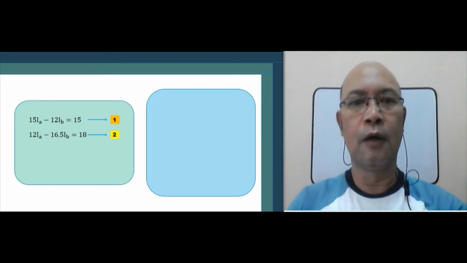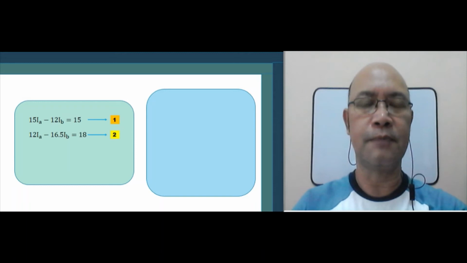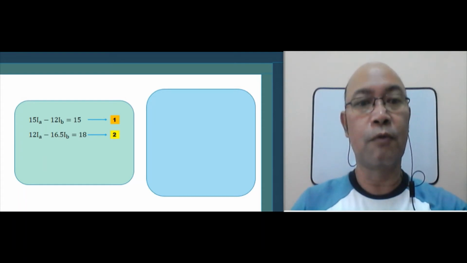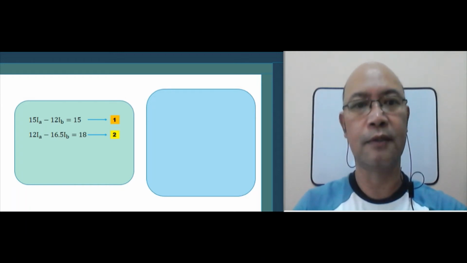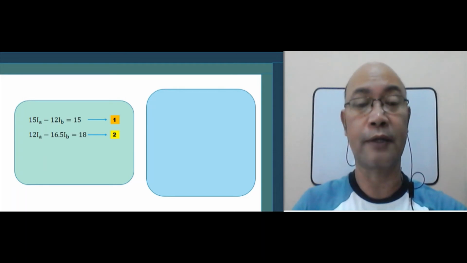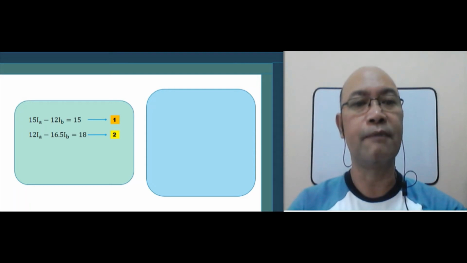Okay, so we have the two loop equations that were derived from Maxwell's method. From here, we are going to combine these two equations, equation 1 and equation 2, in order to come up with the desired values of IA and IB, together with the other one, which is circulating in between these two loop currents.